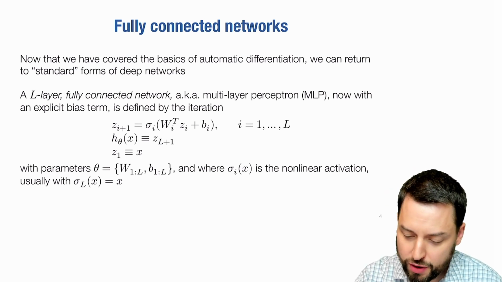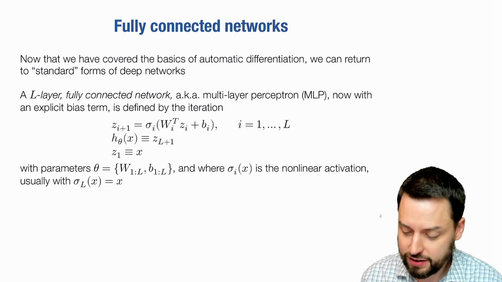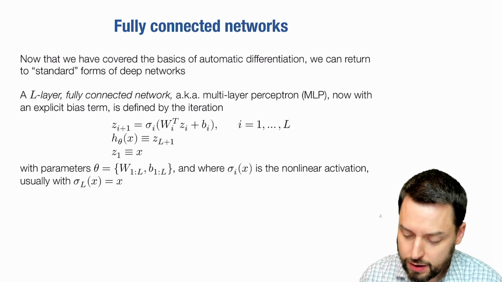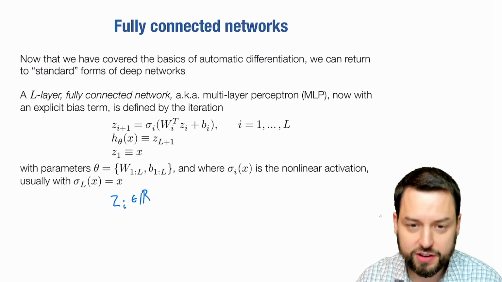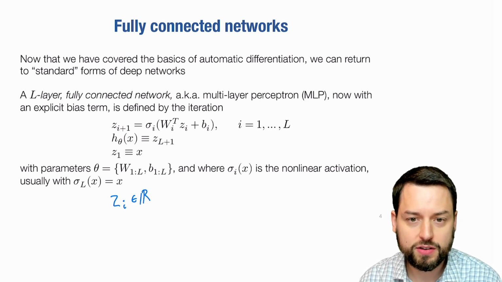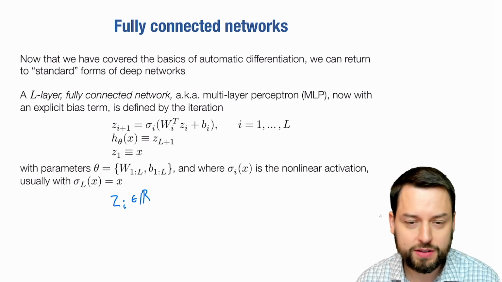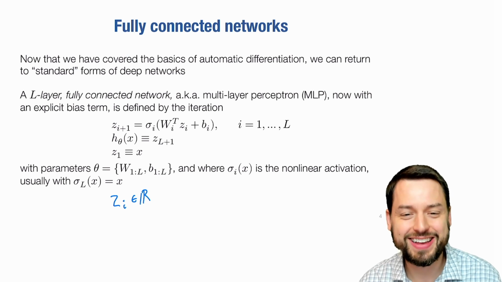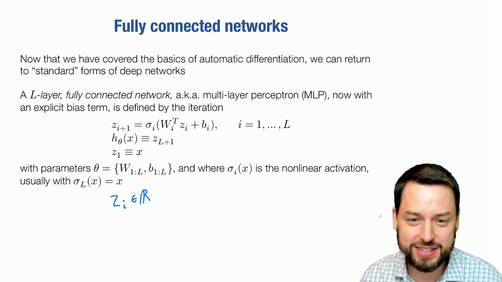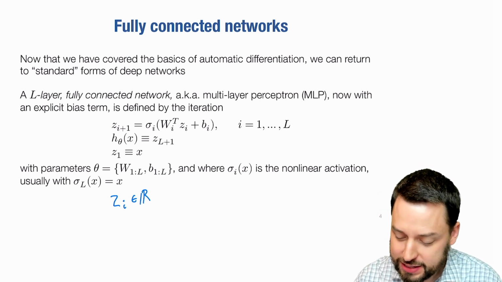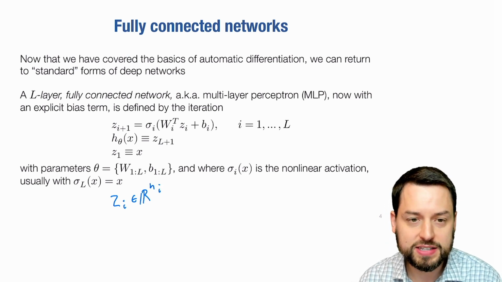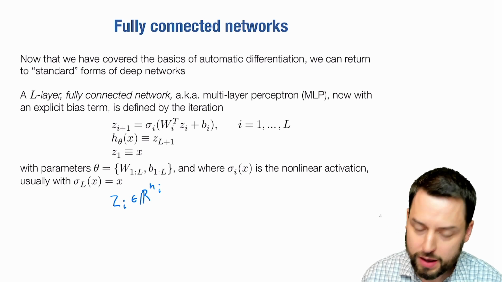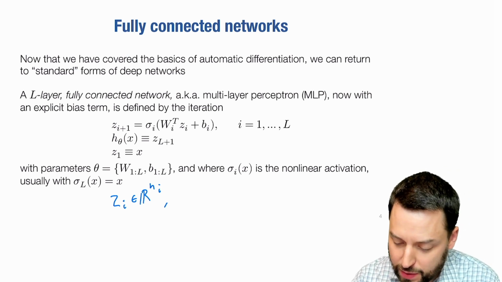And just to define a few more things here, I want to mention the sizes of these things. We're not going to dwell too much on this because the reality is, for the most part, you don't really need to worry about these things because you can just define them once and then that sort of works. But let's give names to all these things here. Let's say that Z_i would be a vector in R^{n_i}. So n_i would be the size of the ith layer. Well, in that case, W_i then would be a matrix.